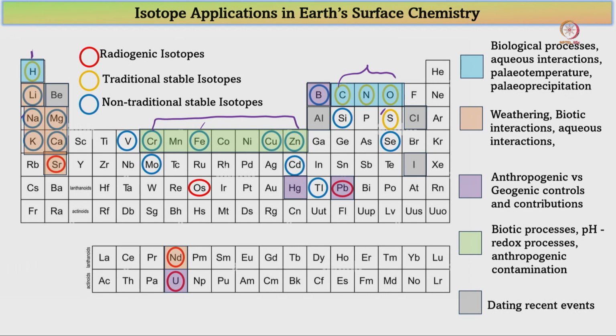So there is a continuous uptake and giving out process that is going on in the aquatic systems. They are being exchanged at a much larger scale, and not only this, even these elements, that is lithium, sodium, magnesium, potassium and calcium, not strontium, are also getting exchanged with the biomass and all that.